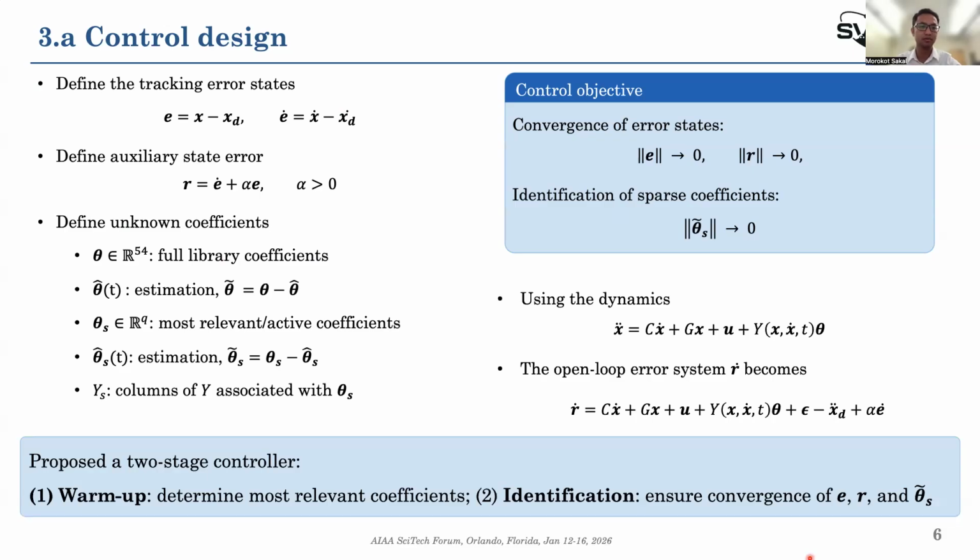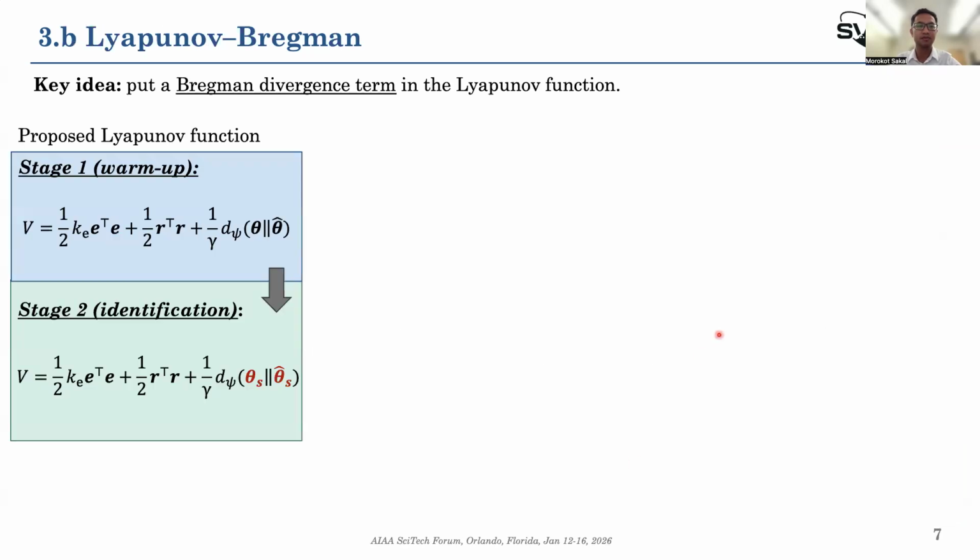So how do we determine the most relevant terms? The key idea is how we propose the Lyapunov function. In order to enforce sparsity, we need to introduce a term called the Bregman divergence term into the Lyapunov function. So let's look at this Lyapunov function that we have over here. The first 2 terms are related to the state.